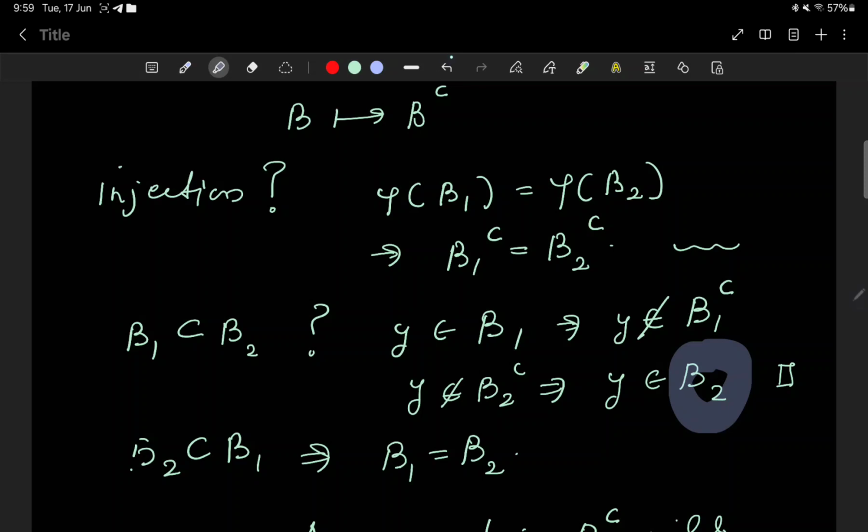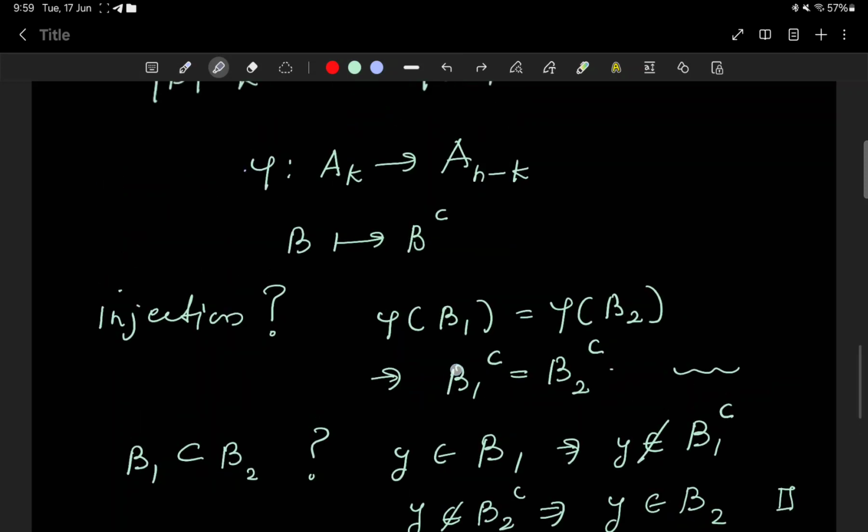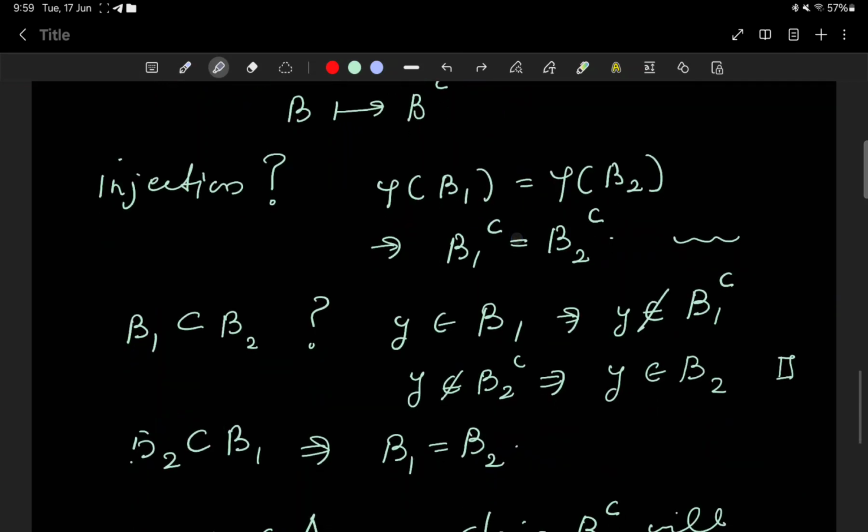The assumption is very clear that y is an element of A, and that's very important. Because if I say y does not belong to B2 complement, then how do you ensure that y is in B2? Because y is in A, right?